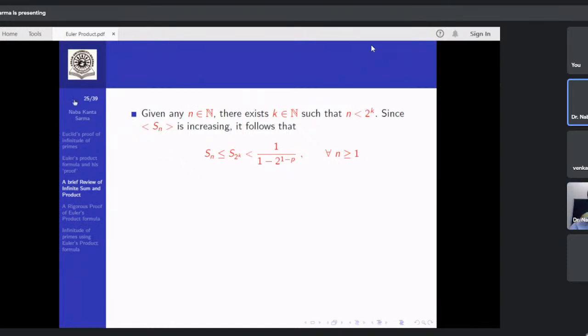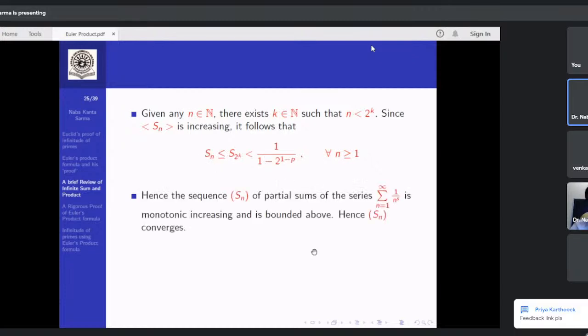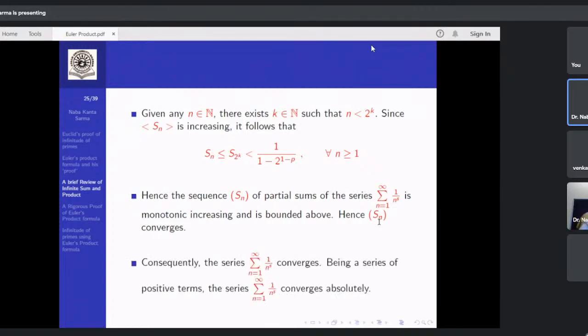Since this is increasing, we have this result. This S_n will be less than this, and this is less than this. So this shows that the sequence of partial sums S_n is bounded above. The sequence of partial sums is bounded above, and it is monotonically increasing also, so this sequence S_n must be convergent. If the sequence of partial sums is convergent, the resulting series must be convergent.